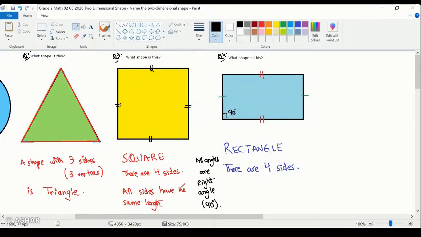A square and a rectangle both have 90-degree angles on them, right? All the angles have to be 90. A basic example of a rectangle could be the room that you're sitting in, or maybe the wall or the roof. It could be a square or a rectangular shape, generally, right? Let's have a look at another shape.